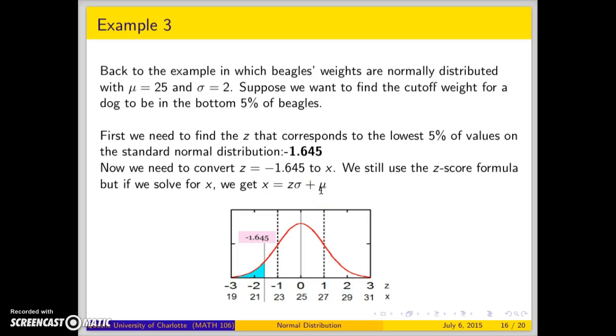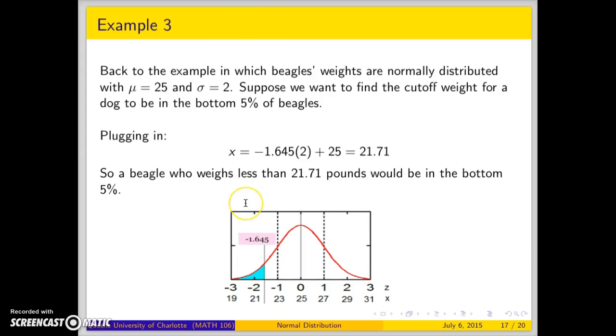It's just the z formula rearranged. So you use this formula, plug in sigma equals 2 and mu equals 25, along with z equals negative 1.645, and we get 21.71. So what that means is that a beagle less than 21.71 pounds will be in the bottom 5%. Okay, so that's an inverse problem.